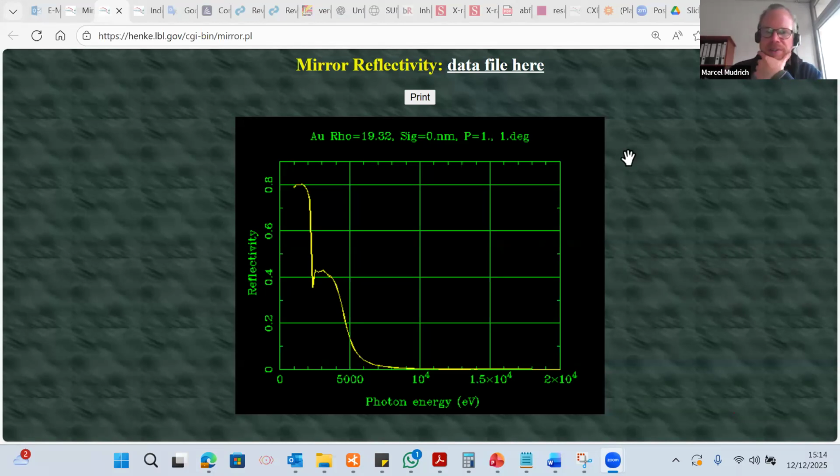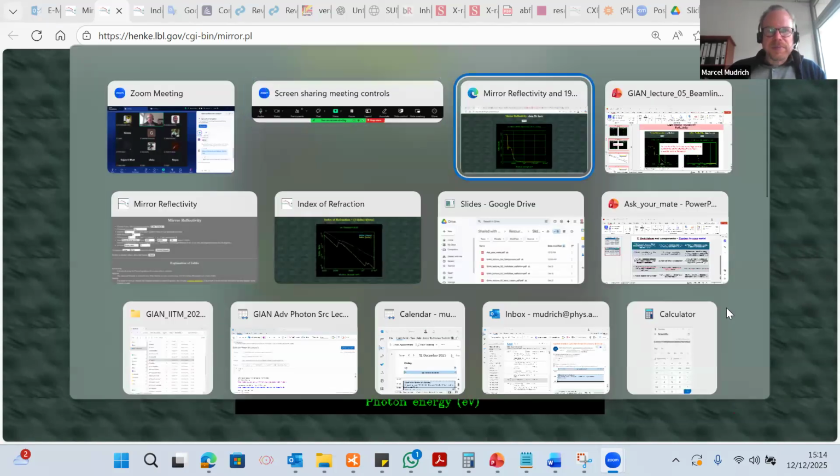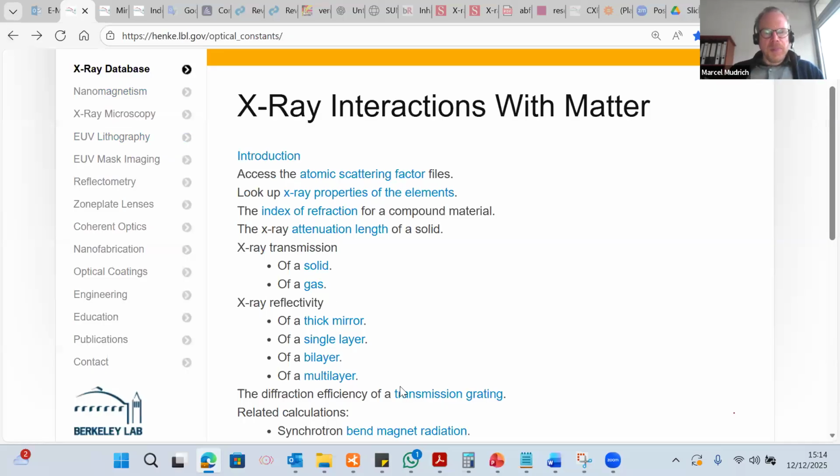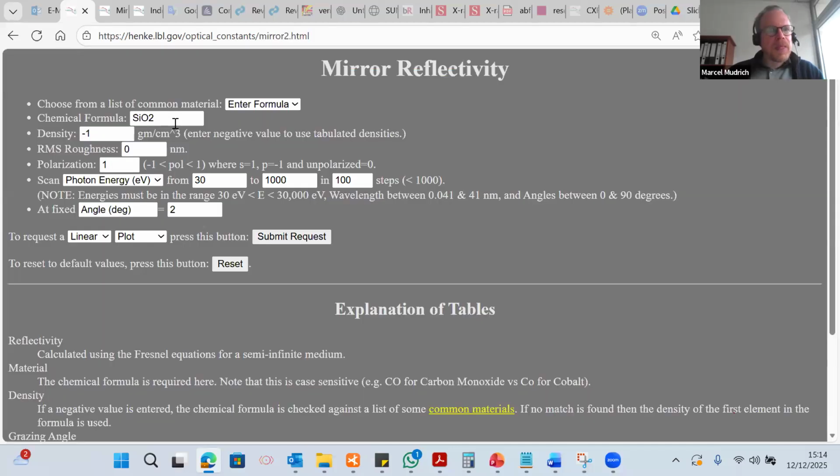Yes, you can see the link in the chat. Please open the link and go to reflectivities. Remember this: you can choose between X-ray properties of elements, index of refraction, where you find the delta and beta functions, but please look up the X-ray reflectivity for a thick mirror. That's what we are interested in.